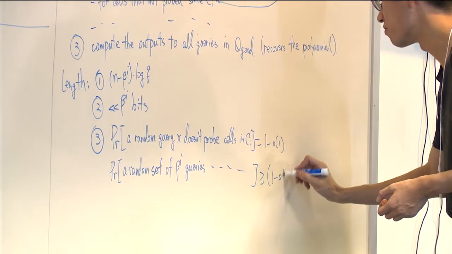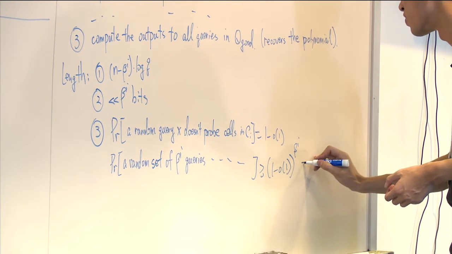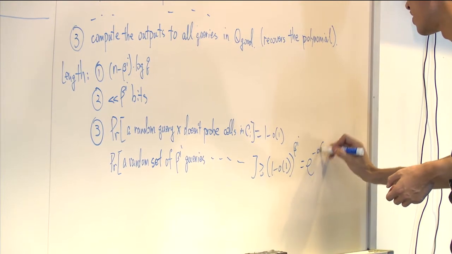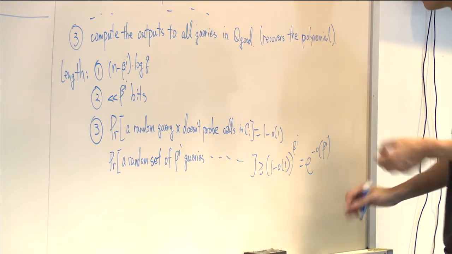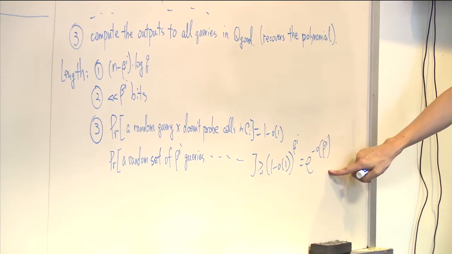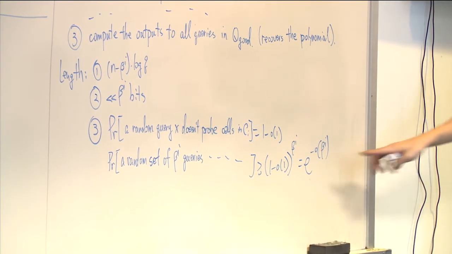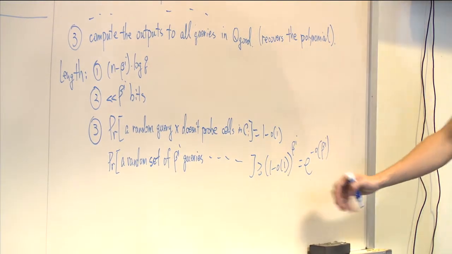So roughly 1 minus lambda of 1 to the beta to the i, which is exponential in lambda of beta to the i. So for every sample we see in the sequence with this probability, this is a set that we wanted to have. So in expectation, the encoding length of this step is basically the exponent.